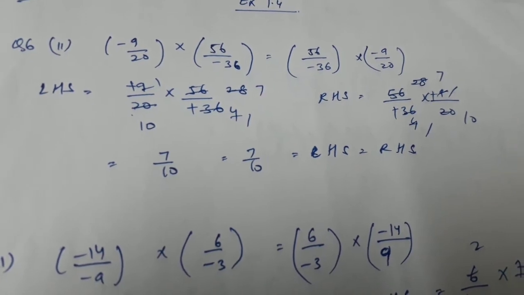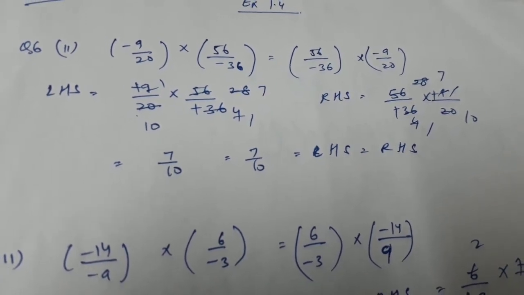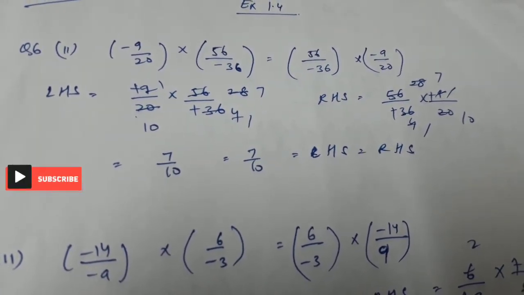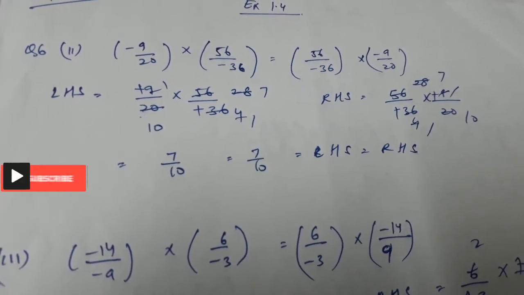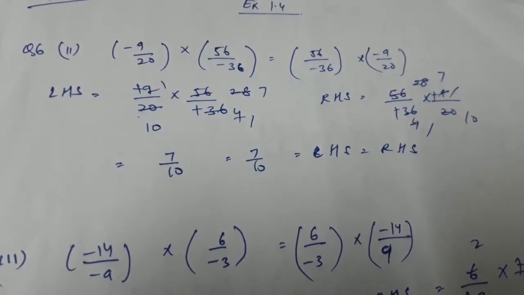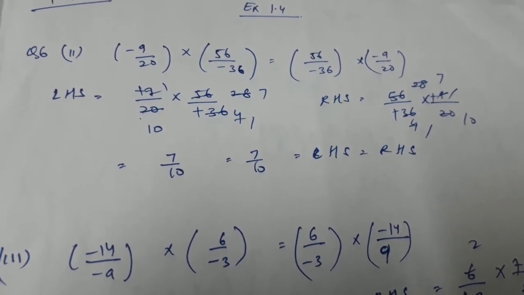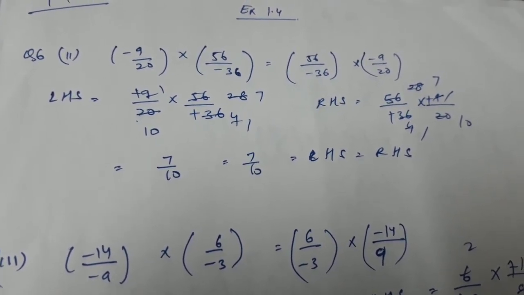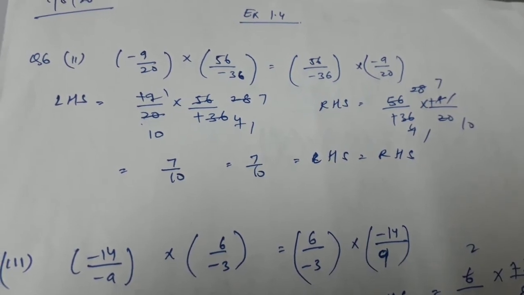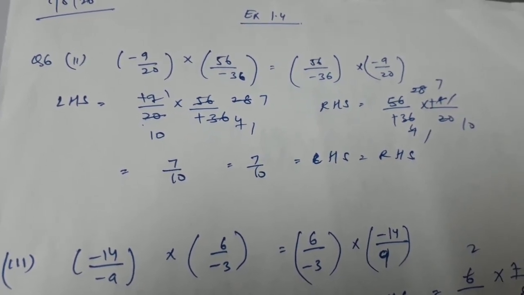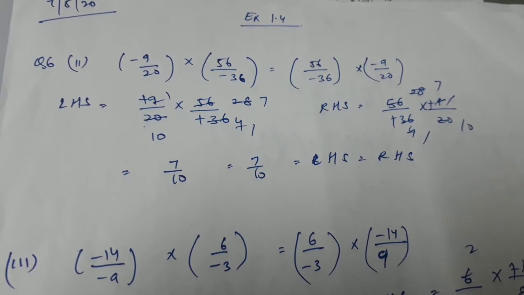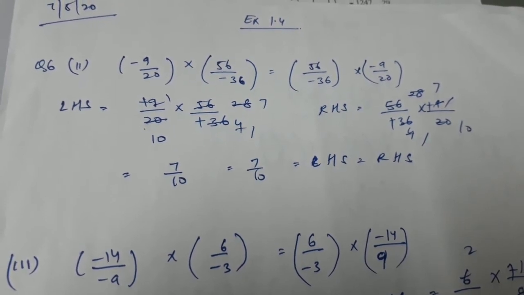In question number 6, second part, again we have to verify the commutative property. Minus 9 by 20 into 56 by minus 36, and 56 by minus 36 into minus 9 by 20. So we will take LHS first. 9 by 20 into 56 by 36.